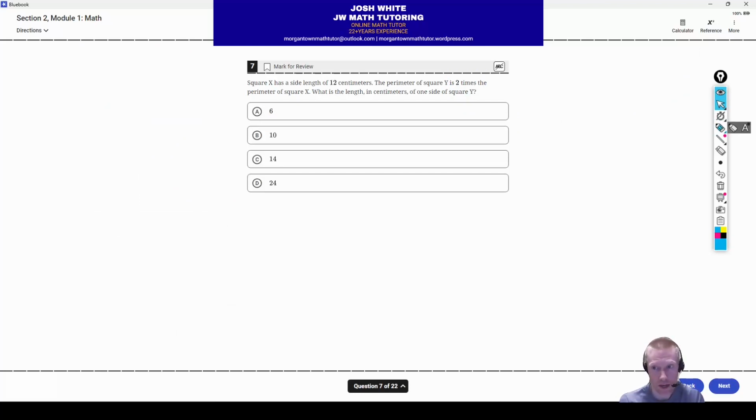All right, number 7, we have a square. It has a side with a length of 12 centimeters. And we know that the perimeter of a different square is 2 times the perimeter of this square x. Okay, so what's the side length of square y?